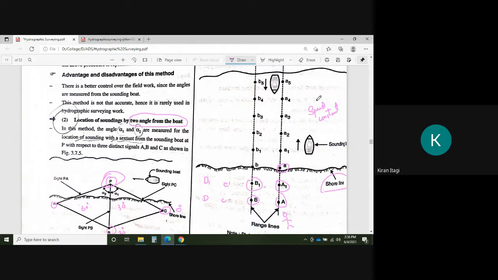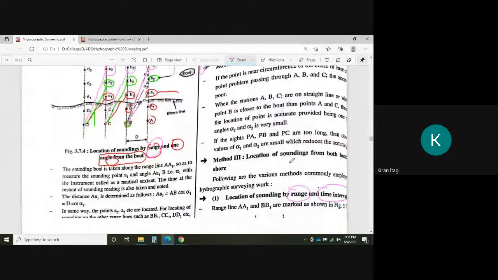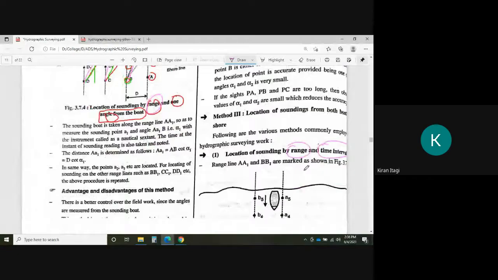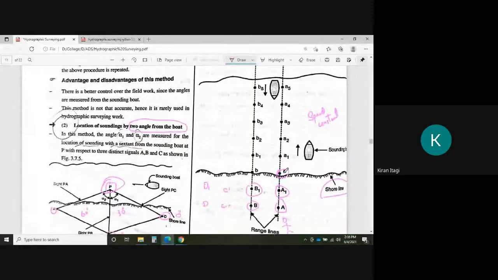I'm doing ranging, so this is ranging and time interval. The boat is moving at a constant speed. I've started my boat here, and I will take a constant time interval, say 1 minute.